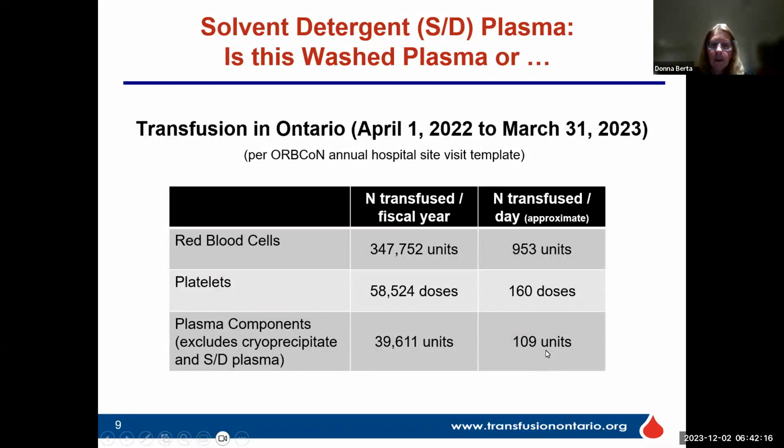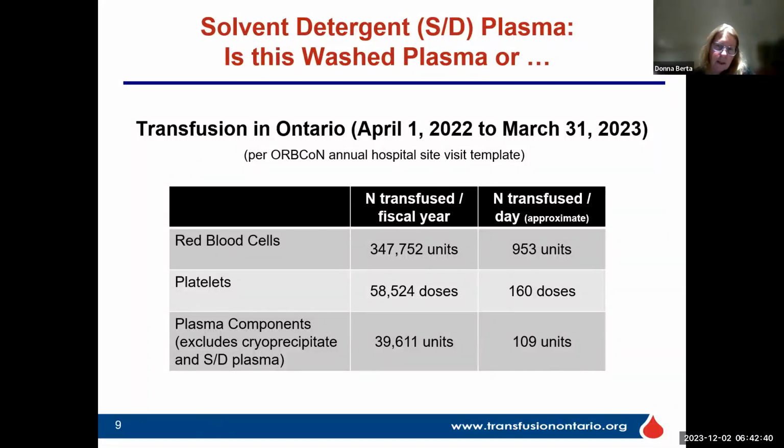And this would not include cryo or SD plasma. It's tabulated differently, and I don't have access to those results. But at this point in time, up to March 31st, 2023, SD plasma would not be widely available for all patients. So I feel this number is generally reflective of our plasma usage in Ontario.